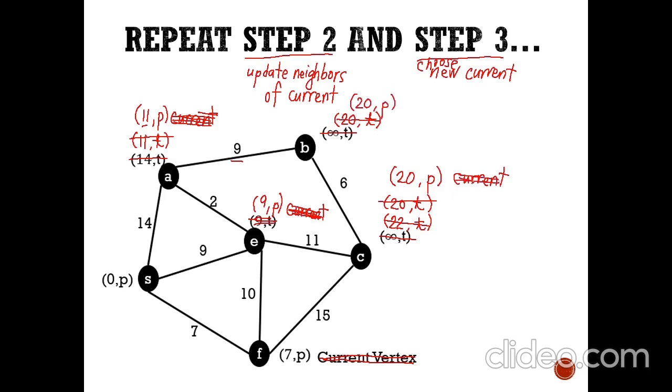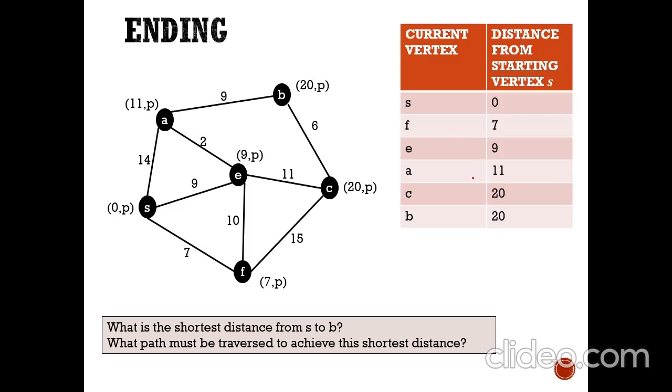So now that all the vertices are permanent, this means that the Dijkstra's algorithm is done. So here is a more pleasant finished product. Notice that all the vertices are permanent. Now what is the shortest distance from S to B? The shortest distance in this case from S to B is 20. Now what path must be traversed in order to achieve this shortest distance?